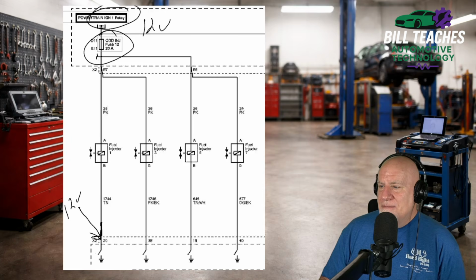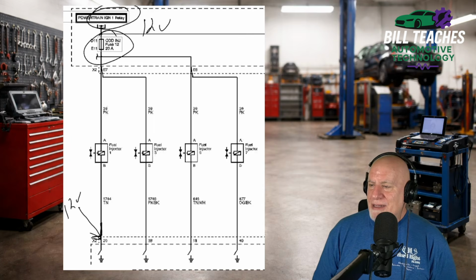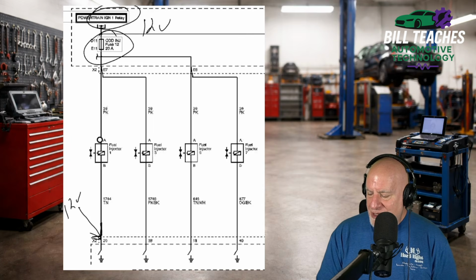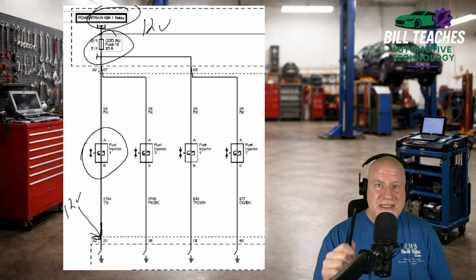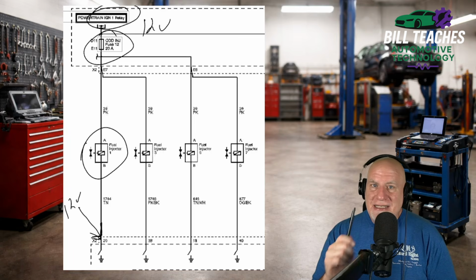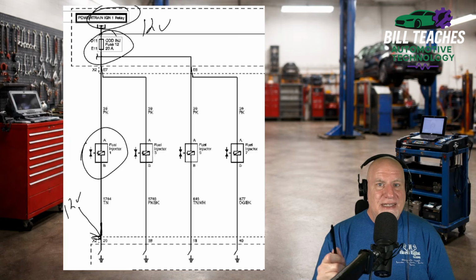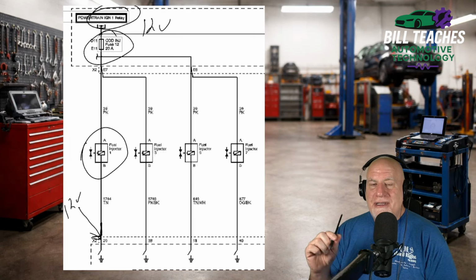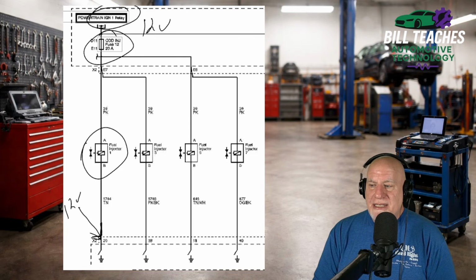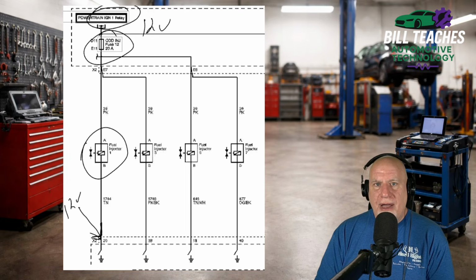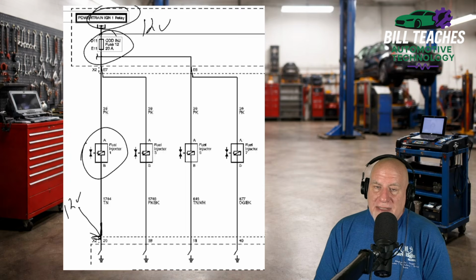Well, wait a minute, Bill. The fuel injector should be using up the voltage, right? No, only when the circuit is turned on. And y'all, this is something as a technician myself that used to really blow my mind when diagnosing circuits. I would be testing the ground side and wondering why I would have voltage on it. Well, the reason is the circuit's not turned on.